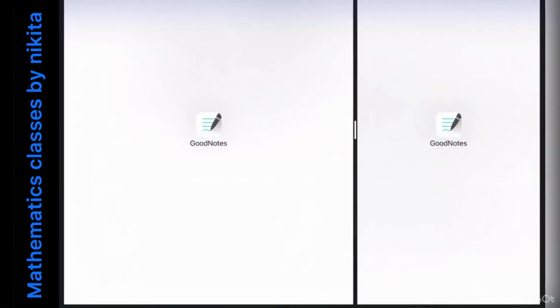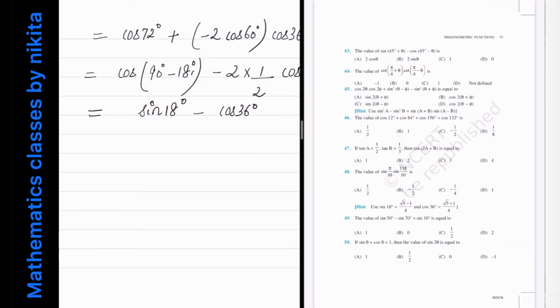Now those students who prepare for the examinations, remember the value of 18 degrees as well as 36 degrees for sine and cos function. Otherwise the hint is also given here in question number 48. So I will be using these values. So therefore sine of 18 degrees is root 5 minus 1 divided by 4, and cos of 36 degrees is root of 5 plus 1 divided by 4.